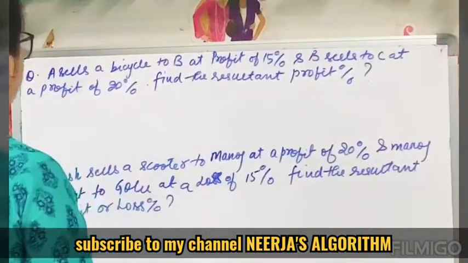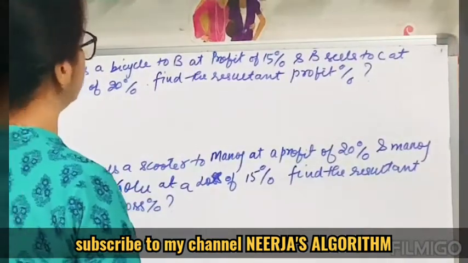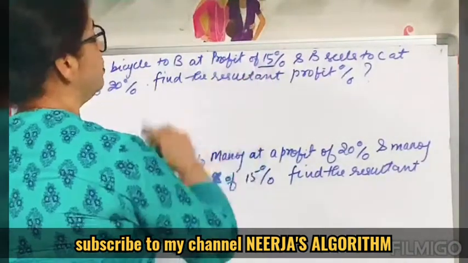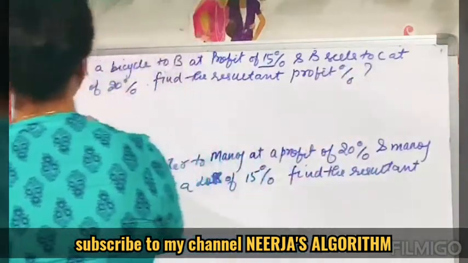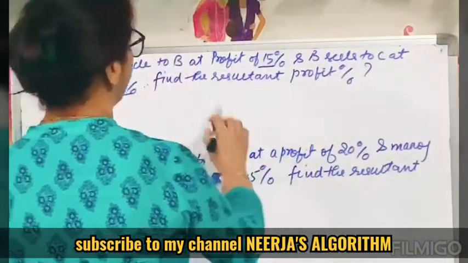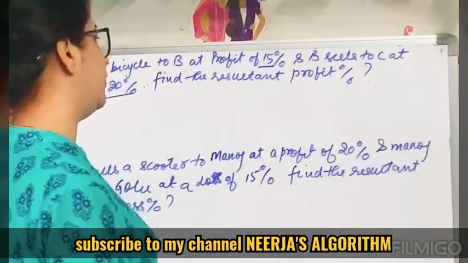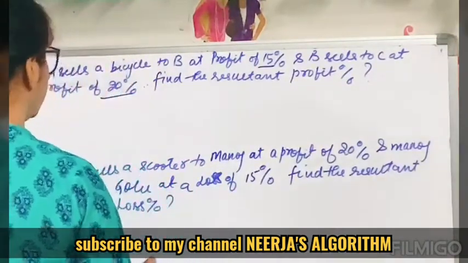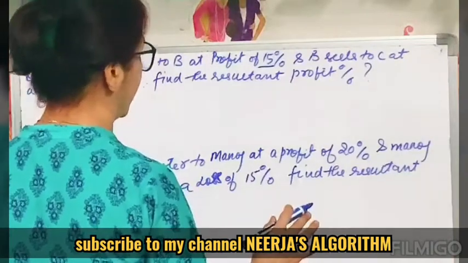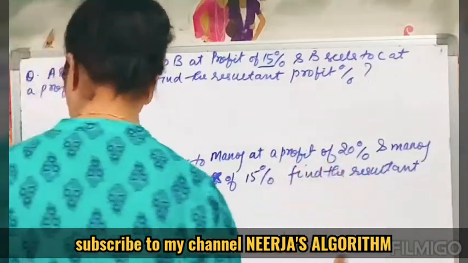Now the next question is: A sells a bicycle to B at a profit of 15%, and B sells it to C at a profit of 20%. Find the resultant profit percent. What will be the profit percent? Now the question is like that, but the answer will be very simple.